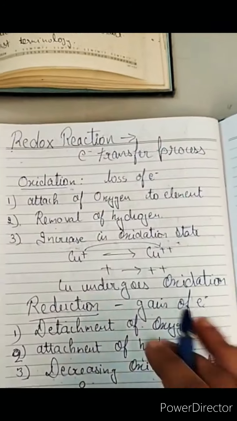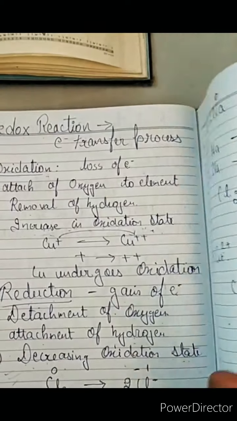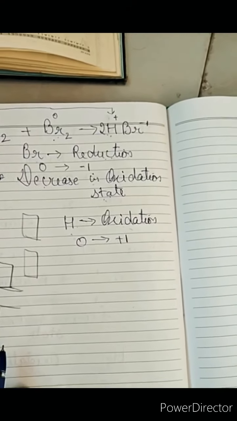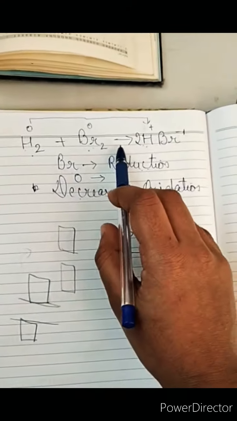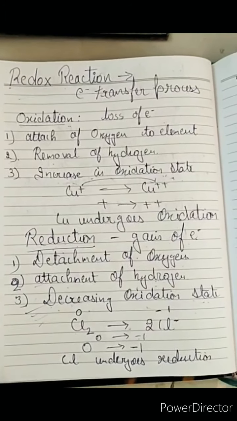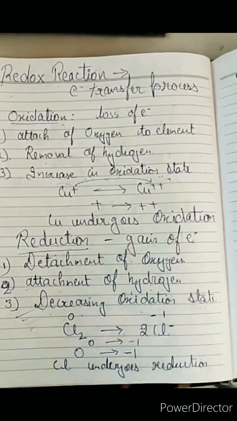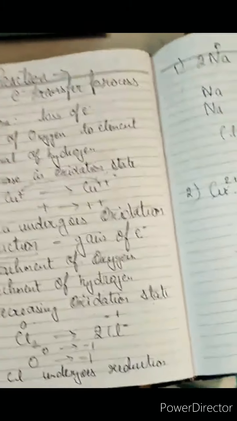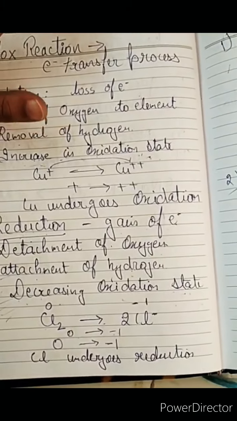Since there is an increase in the oxidation state of hydrogen, we can say hydrogen is oxidized. So in this example we have dealt with both situations. We have checked with the help of oxidation state, and also with the help of attachment or removal of hydrogen. Now I will give you some more examples so that you have a clear concept of it.